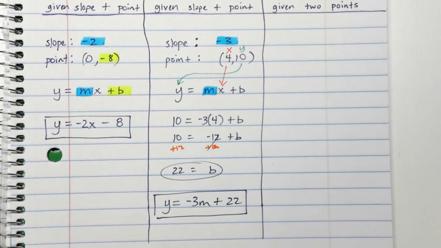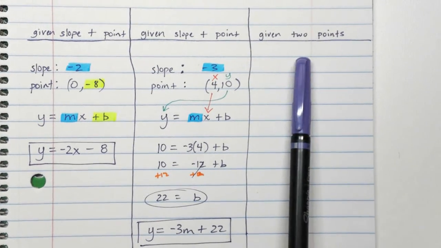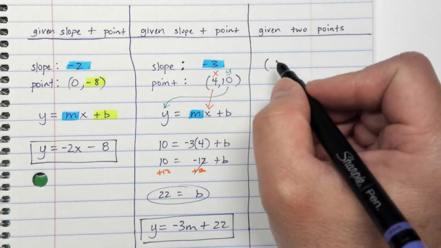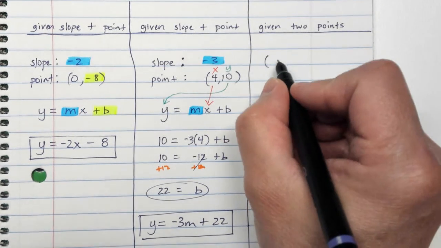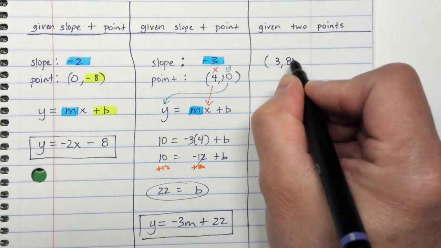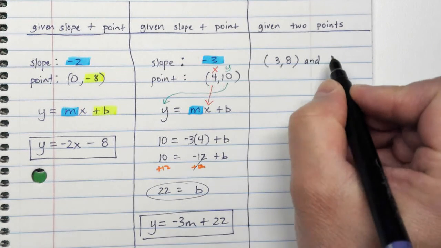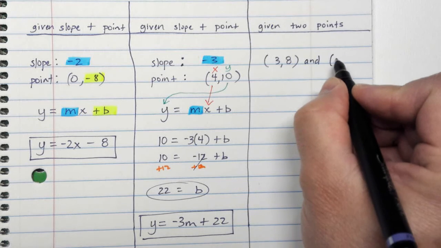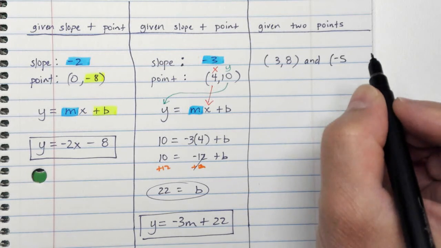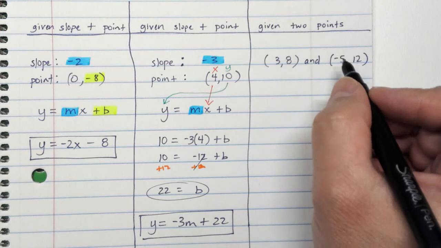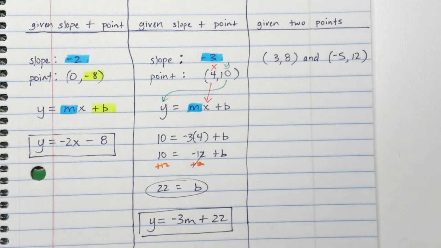Okay? And then, last but not least, if you are given 2 points, 2 random points. Now, keep in mind, if you Google it, nowhere on the internet will it show the method I'm about to teach you, or the method that I taught you.